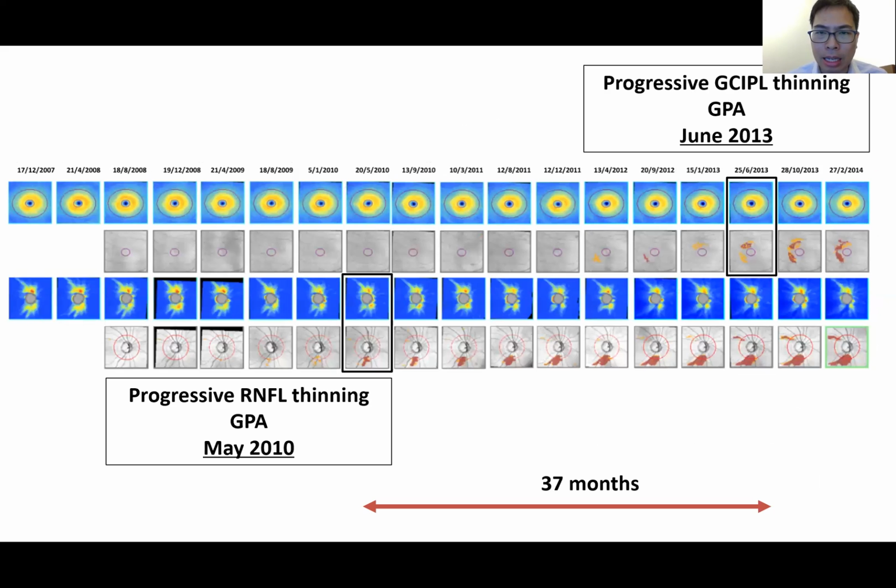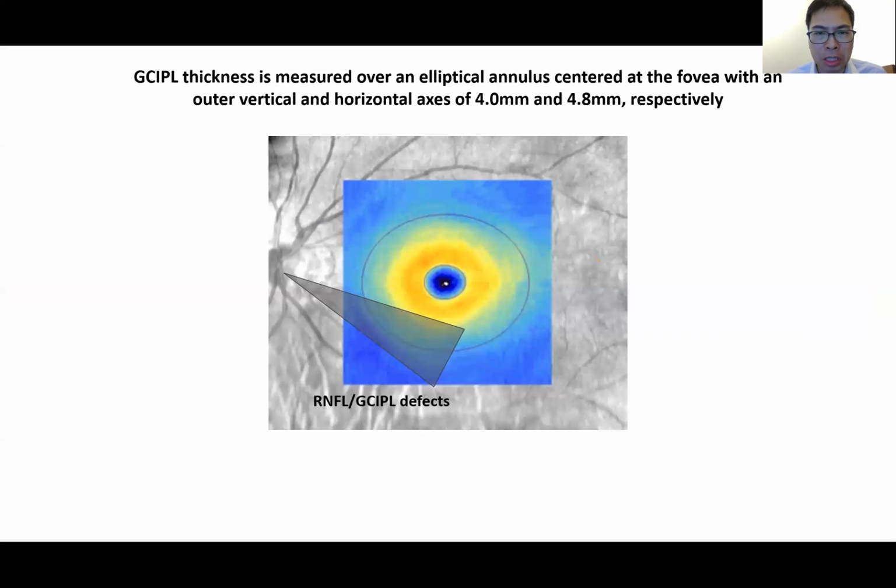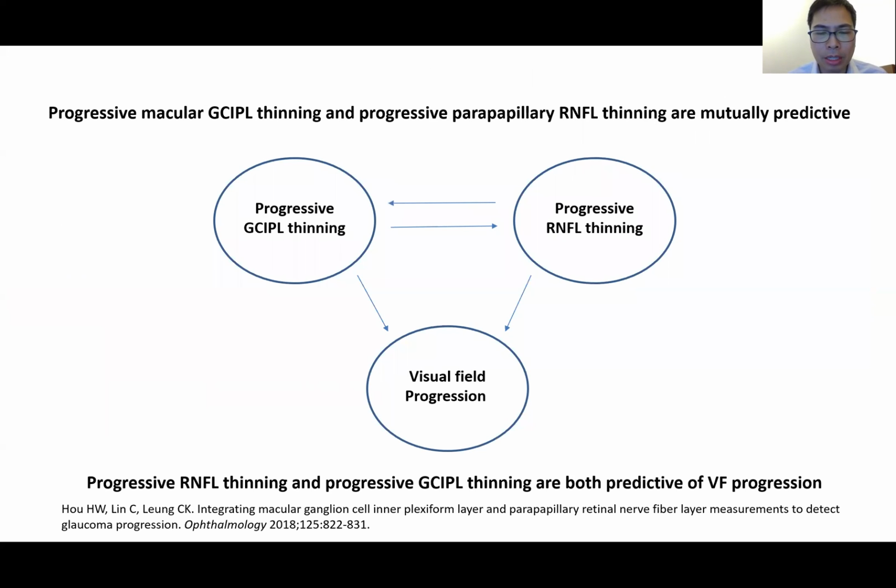But on the other hand, in this example, we see change of the RNFL takes place before change at the macula. So that's why it is important for us to capture both the macula and the optic nerve head region in order to maximize the probability to detect glaucoma progression.